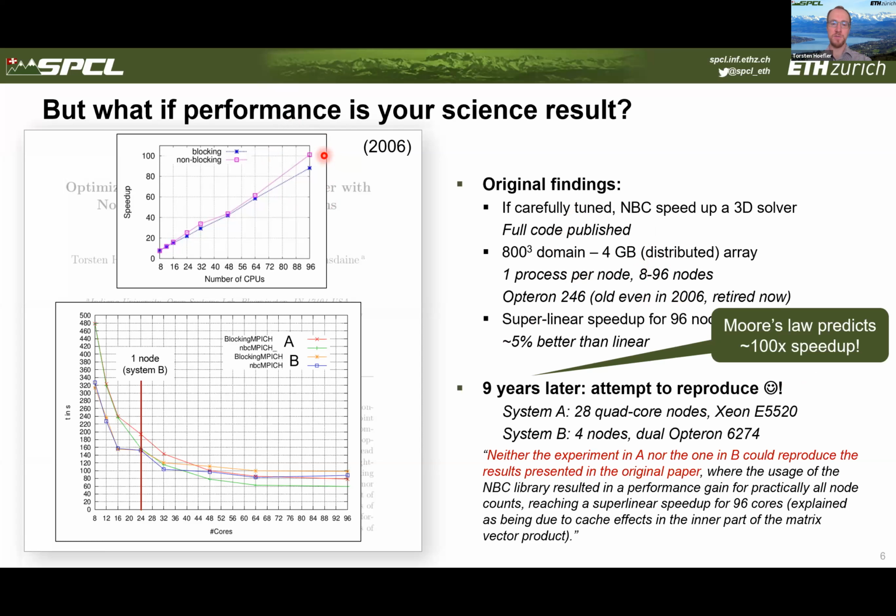That superlinear speedup resulted from the fact that at 64 CPUs, it did not fit in the cache, but at 96 CPUs, because the relative local domain got smaller as you scale up, it was a strong scaling experiment, it suddenly fit in cache. So it was not possible for them to reproduce that experiment on that new architecture because it was completely different.